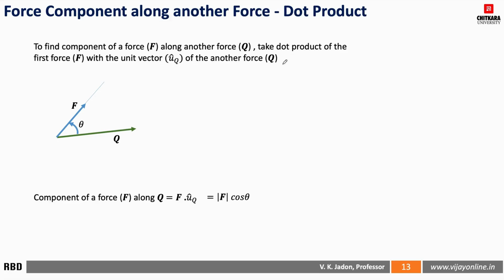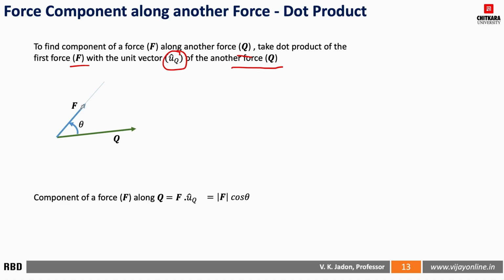Another important aspect is the force component along another force, which we have also discussed in dot product. To find the component of a force F along another force Q, take the dot product of the first force F with the unit vector UQ of the second force Q. That is what is being represented here.